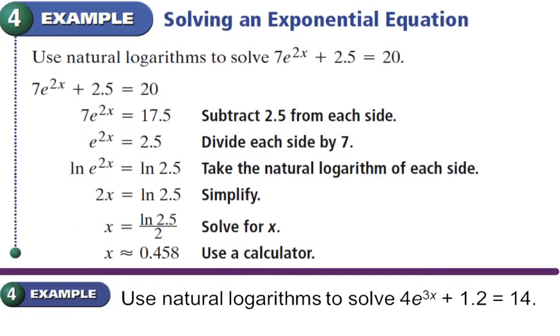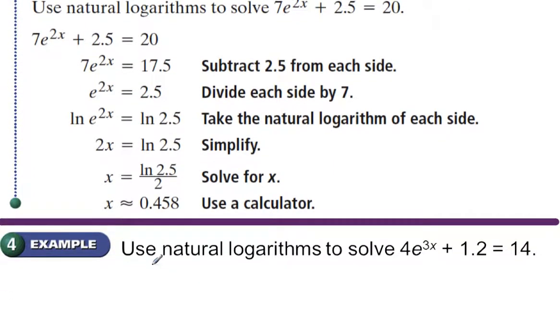Okay, next example, solving an exponential equation. Just like e is the inverse of ln, ln is the inverse of e. The first thing we want to do here is get that term with the e by itself, and then get the e and its exponent completely isolated. Take the natural log of both sides. That cancels out, and then you just use your calculator.